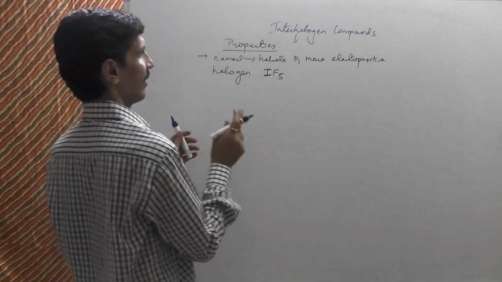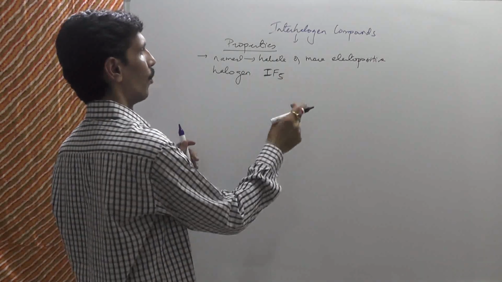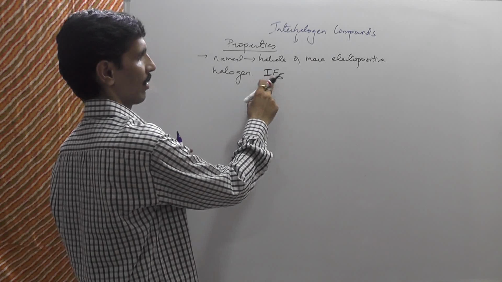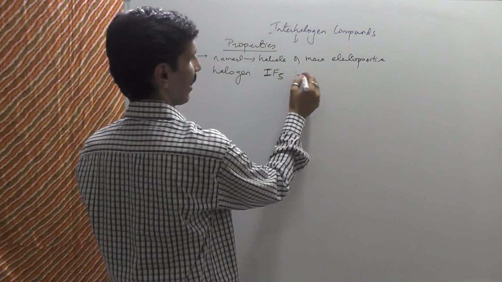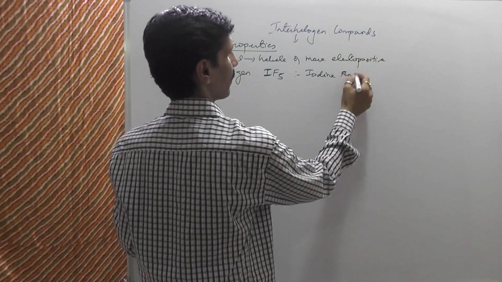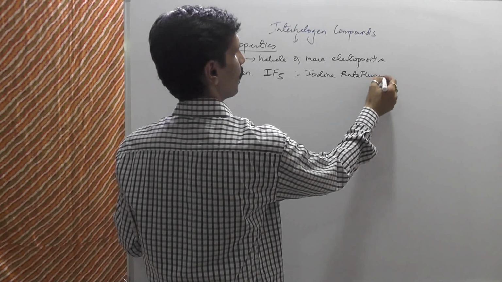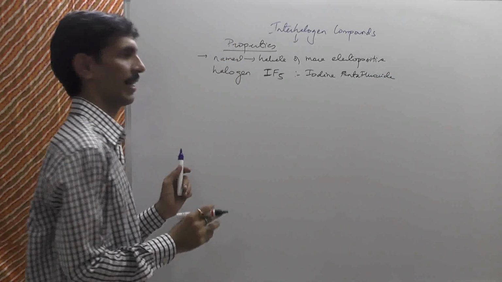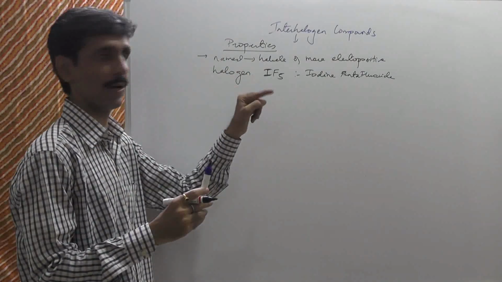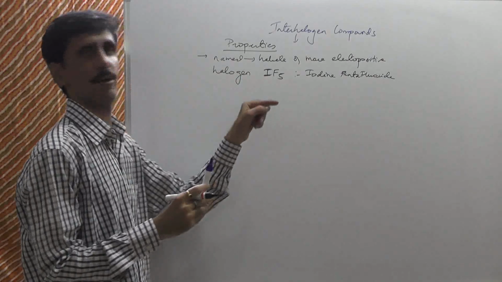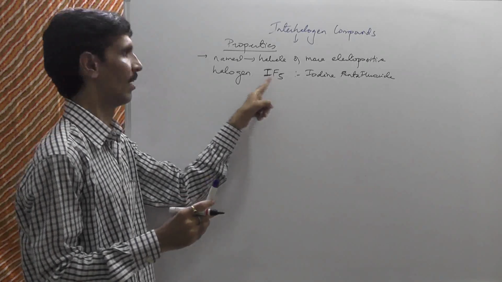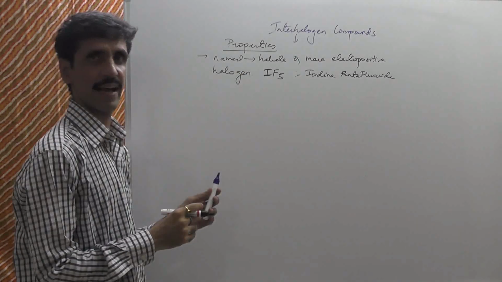So what we do is we say it is a halide of a more electropositive halogen. तो अभी दोनों में से सबसे ज़्यादा इलेक्ट्रोपॉजिटिव कौन है? आयोडीन है. तो ये फ्लोराइड बन गया. फिर तो इस तरीके से हम लोग बोलेंगे आयोडीन पेंटाफ्लोराइड. ओके, पेंटाफ्लोरीन आयोडाइड नहीं बोलेंगे, आयोडीन पेंटाफ्लोराइड. हलाइड किसका होगा? हलाइड ऑफ मोर इलेक्ट्रोपॉजिटिव हैलोजन. तो आयोडीन इज मोर इलेक्ट्रोपॉजिटिव, तो फ्लोरीन विल बिकम द हलाइड. सो हलाइड ऑफ द मोर इलेक्ट्रोपॉजिटिव हैलोजन इज IF5.